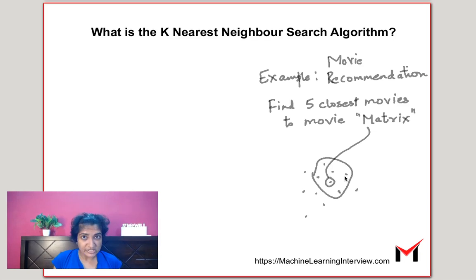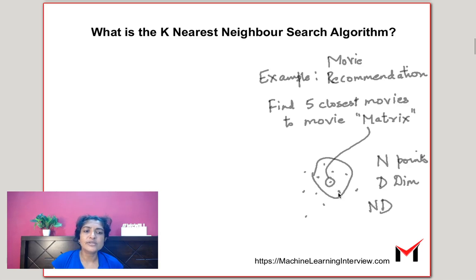What is one of the biggest challenges here? As the size of your data set grows, it is harder and harder to search. If you do a naive search, you have, let's say, capital N data points, K is the number of items you're trying to retrieve, and D is the dimensionality of your data. Then the complexity of this search is N times D, because for Matrix, you are going to each other data point and seeing how far it is.